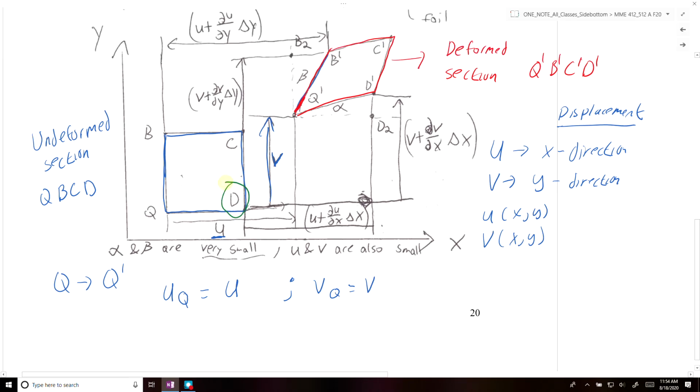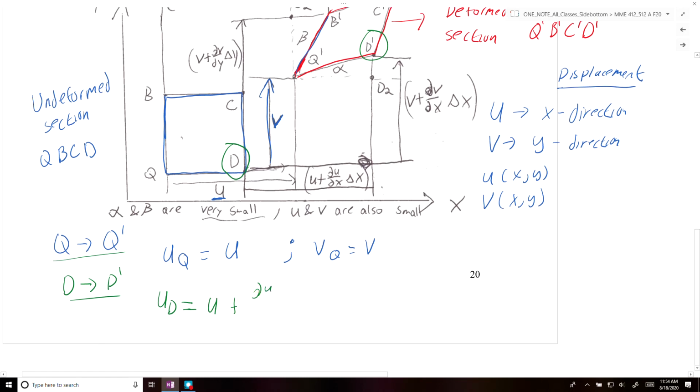From point D to point D prime, the displacement in the x direction is going to be equal to a constant U plus the derivative of u, or the change in u with respect to x, times delta x, plus some higher order terms in a Fourier series.